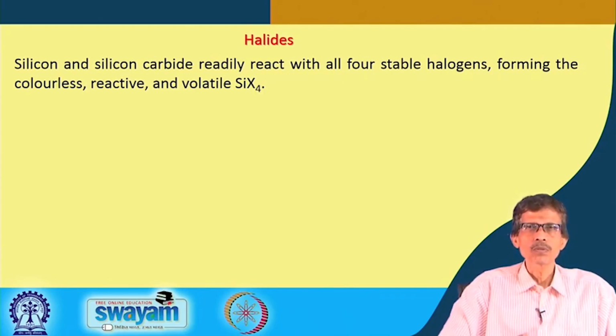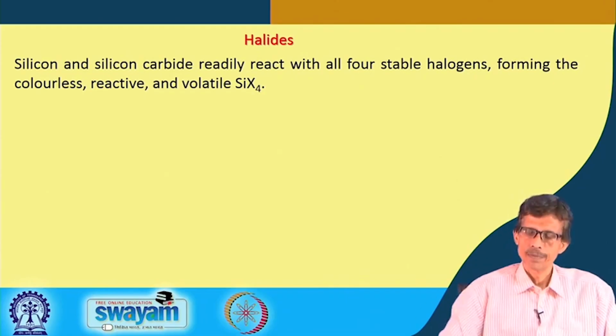So, that is very important, but the problem is that they are colorless, the volatility is also varying to some extent only, and they are also reactive, so it is very difficult to handle if you have the mixed halides, or separately the silicon tetrachloride or silicon tetrabromide in your hand.